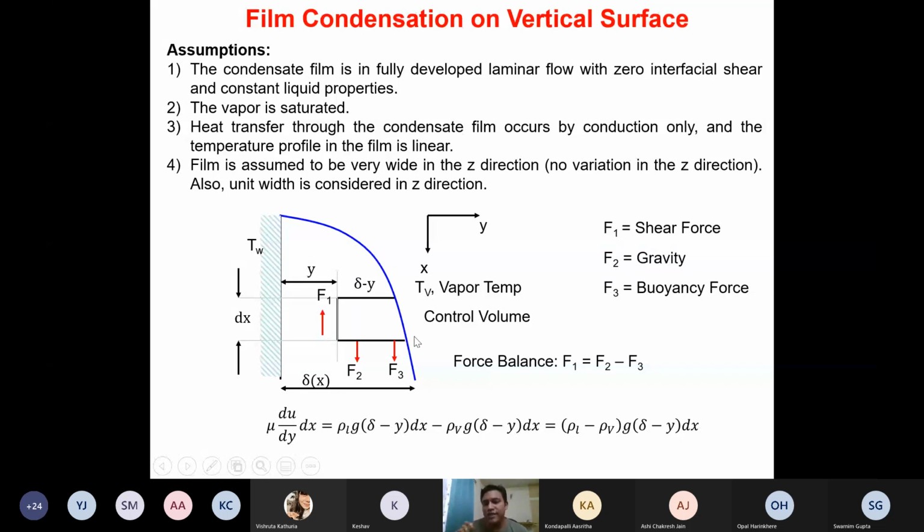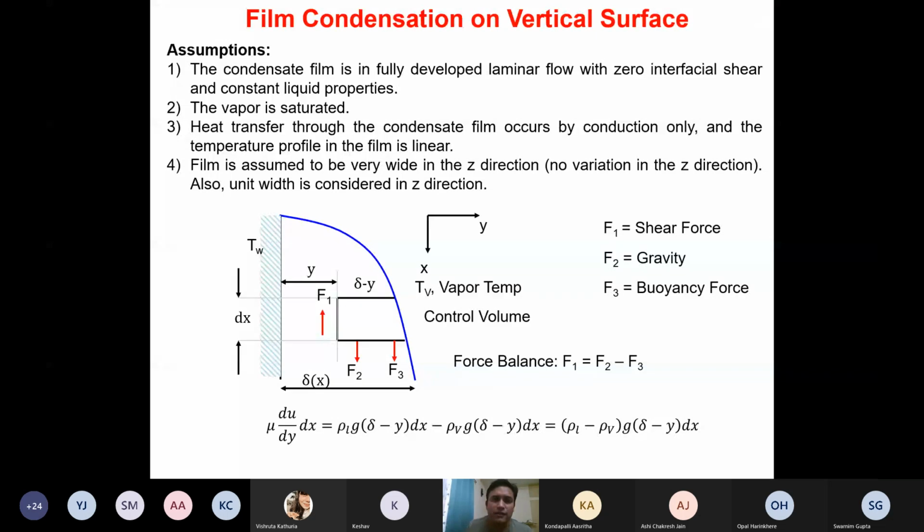We are assuming that heat transfer in this film is taking place only by conduction. In conduction you can get the linear temperature profile, isn't it, if there is no generation and no accumulation? That is what we have seen in the first chapter. Correct.